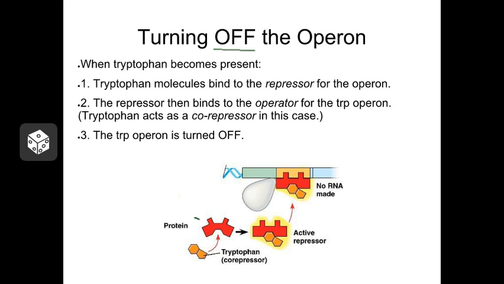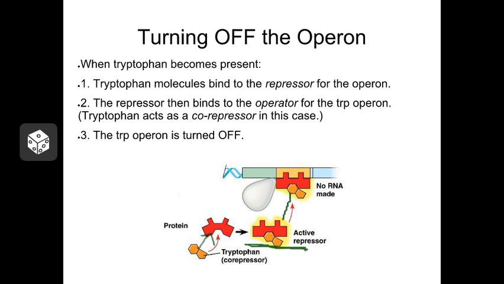Well, inside those E. coli cells are going to be a number of regulatory proteins, and among these will be some proteins called repressors. Now, this particular repressor is produced in an inactive form, so it can't do anything at first. But when tryptophan comes along and binds with it, it activates that repressor. So the repressor can now do its job.